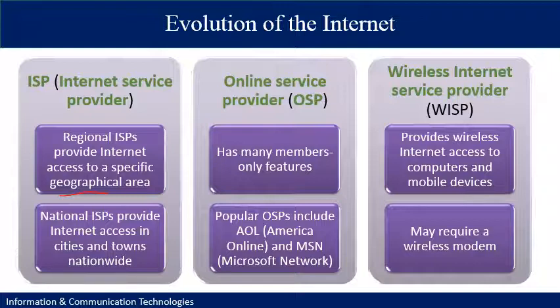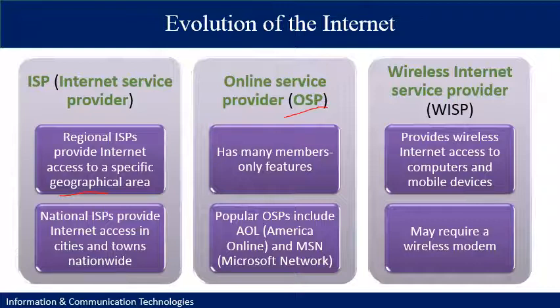Along with the physical presence of internet service provision, there were also services for the online provision of those services. These are termed OSPs, or online service providers. Online service providers usually have many members-only features.